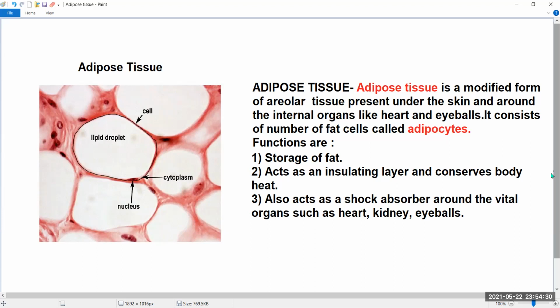Two, it acts as an insulating layer and conserves body heat. And it also acts as a shock absorber around the vital organs such as heart, kidneys, and eyeballs. And do you know, children, the hump of a camel and the blubber of a whale are also adipose tissue.